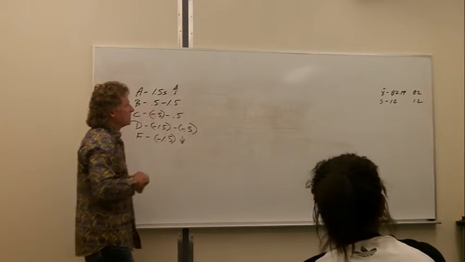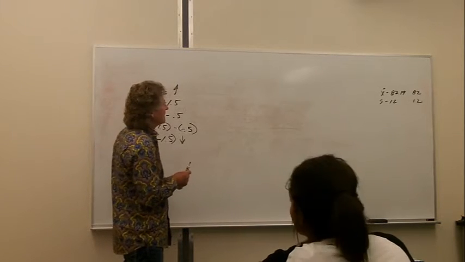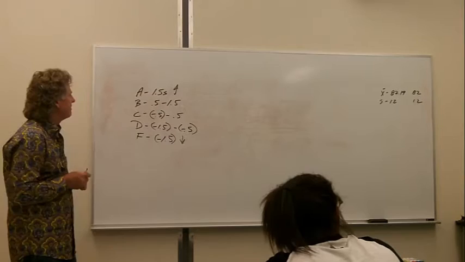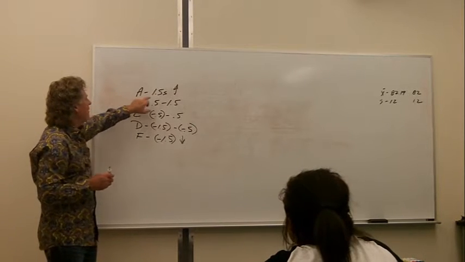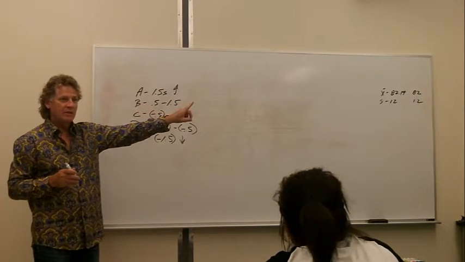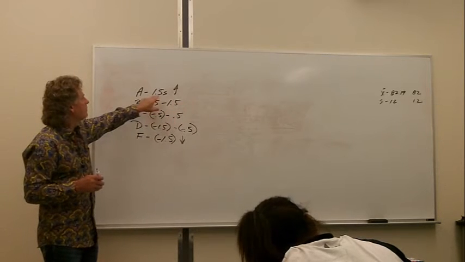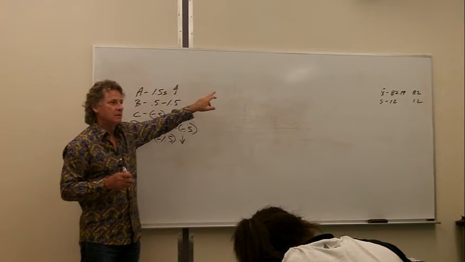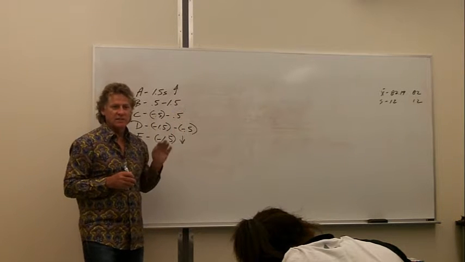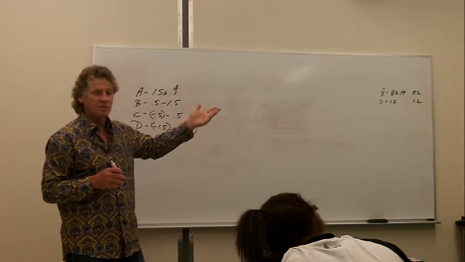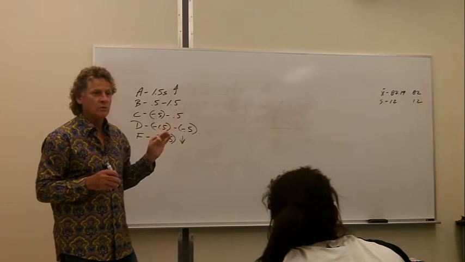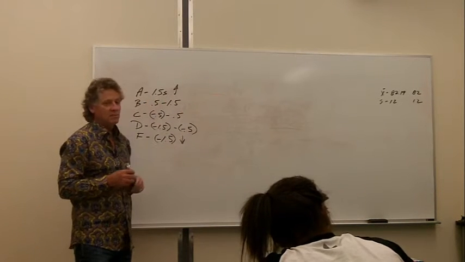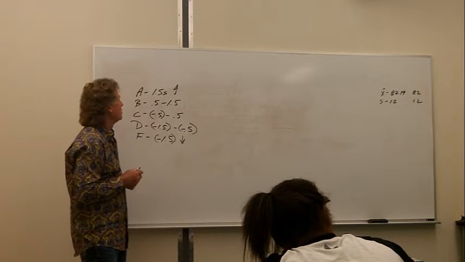So in this particular case, I'm going to say 82 and 12 is my mean and my standard deviation. To figure out how to get an A, simply take the standard deviation, multiply it by 1.5, and add it to the mean. Whatever the standard deviation is, if it's 10, if it's 15, if it's 20, if it's 12, that's what we use. So 1.5 times the standard deviation plus the mean, which in this case is 82.